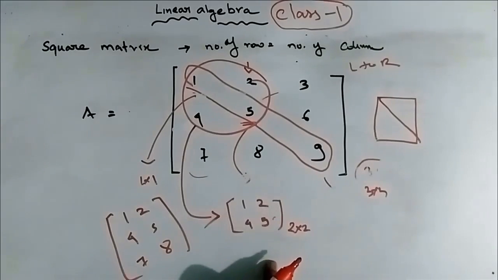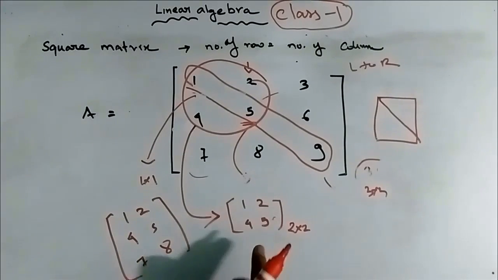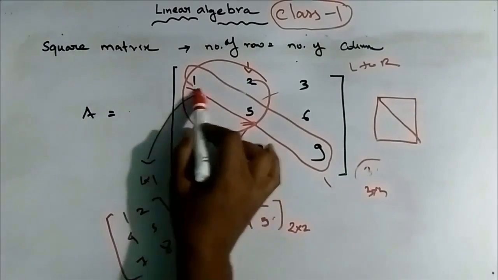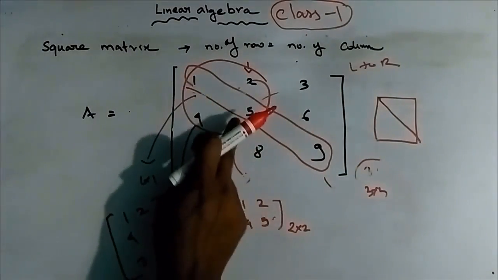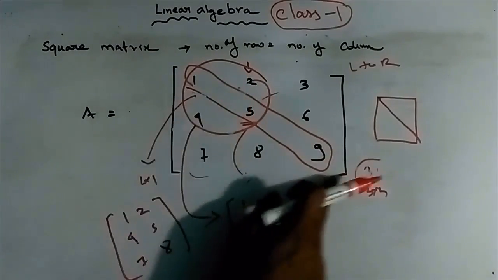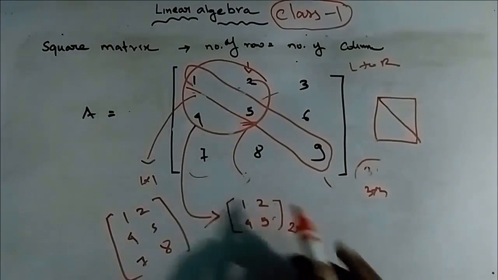Here you can see the submatrix of order 2 cross 2 has the diagonal elements 1 and 5, and the diagonal elements of the main matrix are 1, 5 and 9. The submatrix we created has the diagonal elements 1 and 5.